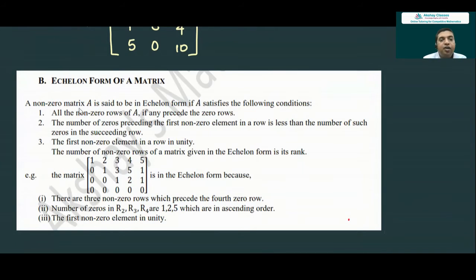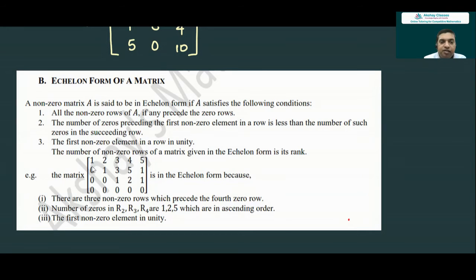A non-zero matrix A is said to be in echelon form if it satisfies the following conditions. All the non-zero rows of A, if any, precede the zero rows. Any non-zero row should be before the zero row. Zero rows cannot be in between.